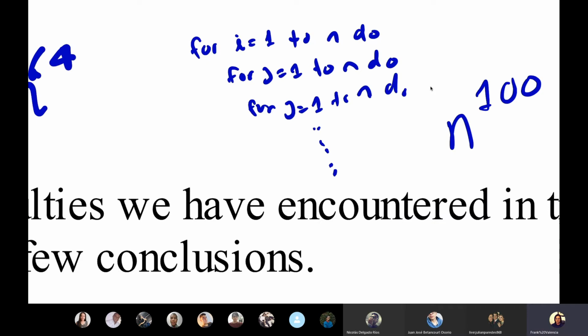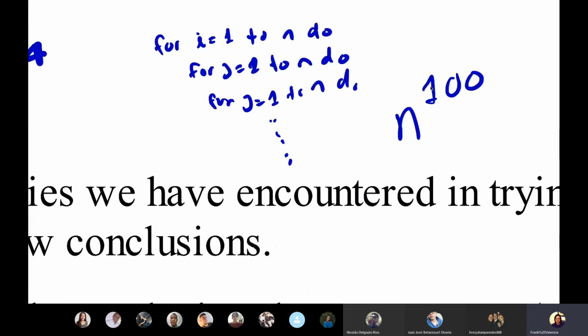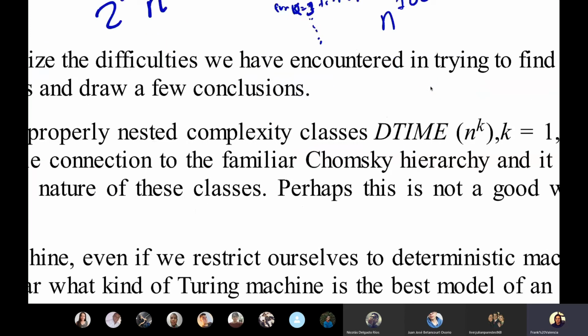I can continue and make the algorithms as complex as possible. Even, of course, if you put I here and J, K, and J here. Okay, so that's the idea.